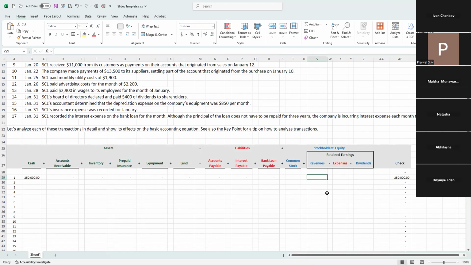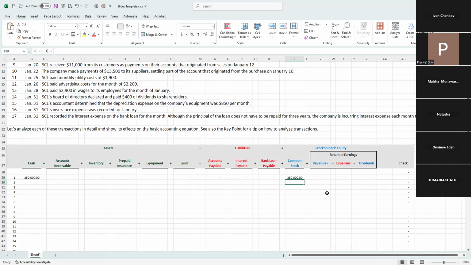No. Is it expense? No. Is it dividend? No. So then what is it? Common stock, which is a contribution from the shareholder, correct? So 250 is going to come here.